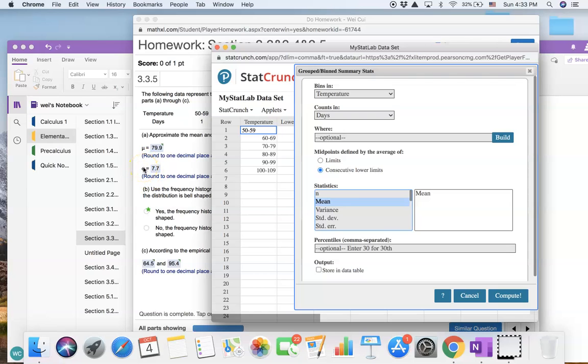So right now we use sigma, so that's why I know this is for population standard deviation. So I select the unadjusted standard deviation.